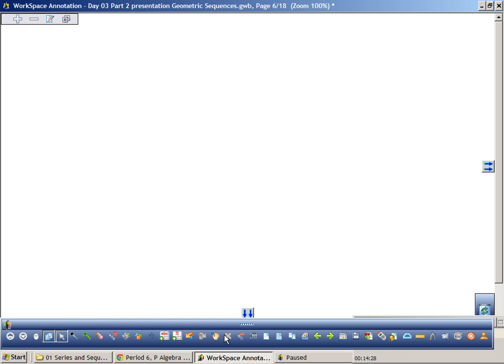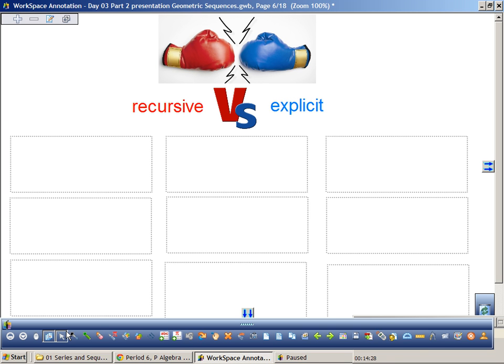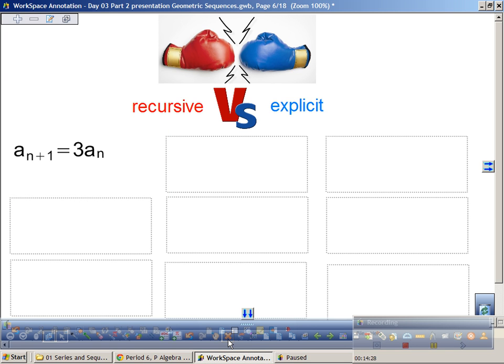Uh-oh. All right, so is that recursive or explicit? What did I tell you to look for? First term. Can you find a first term? And if you can't figure out whether it's geometric, if you're trying to match it up with these, what could you look for? What's this one deal with right here?